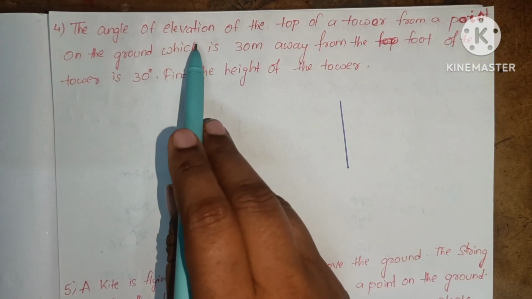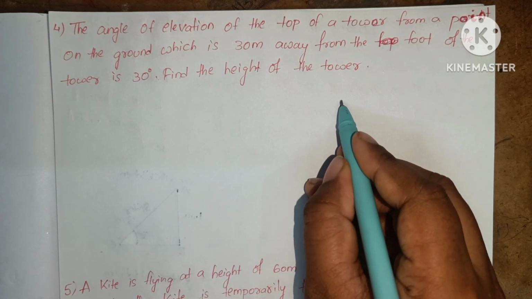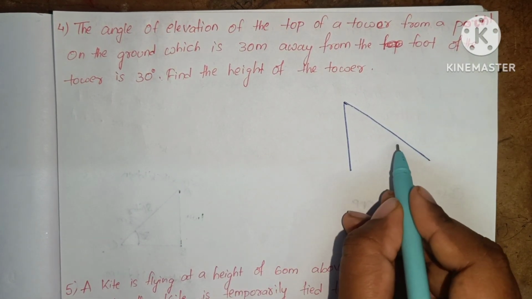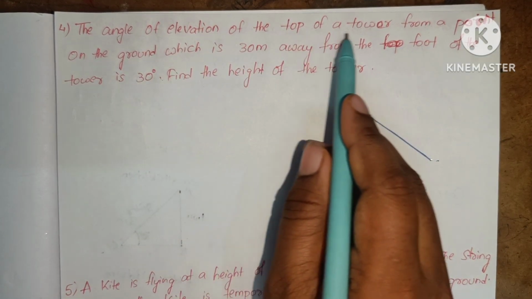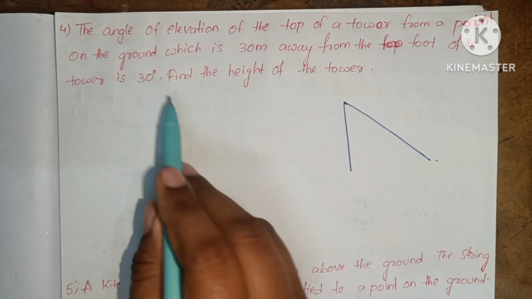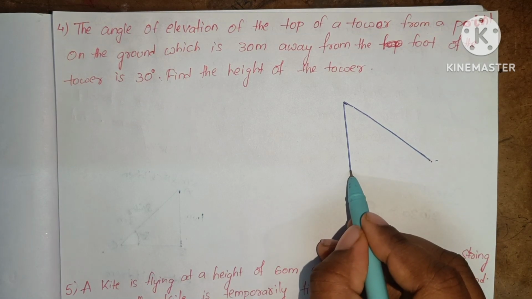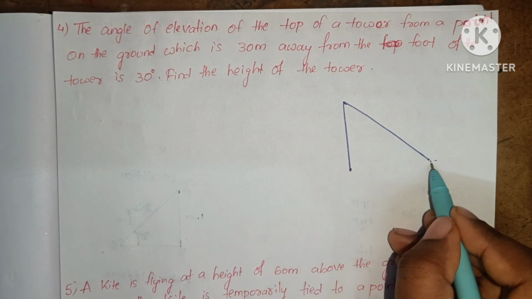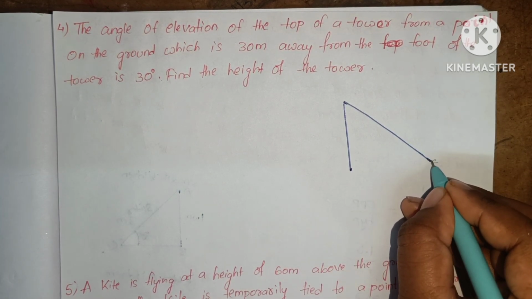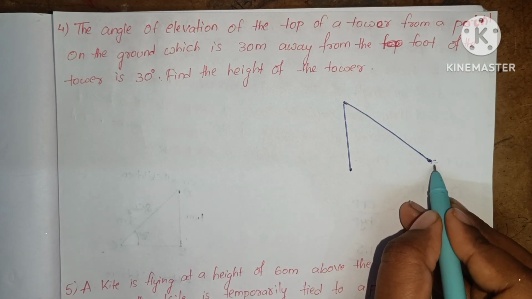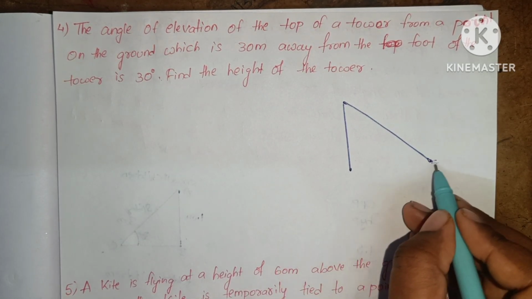And the angle of elevation falls from the top of the tower, with a distance of 30 meters from the foot of the tower.